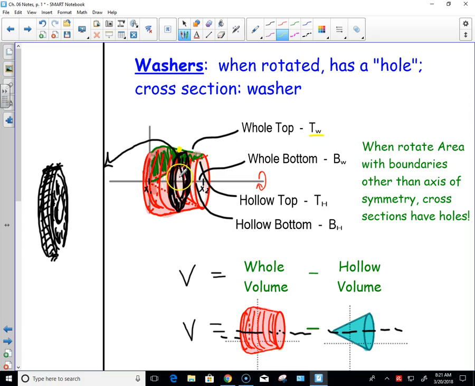The whole bottom is going to be the lower part or the axis. Usually you're given two functions. For a washer, you'd have to be given two. Now let me show you something really quickly.